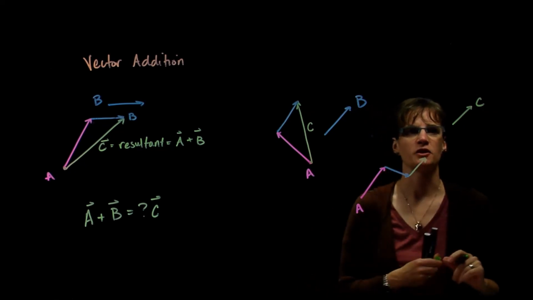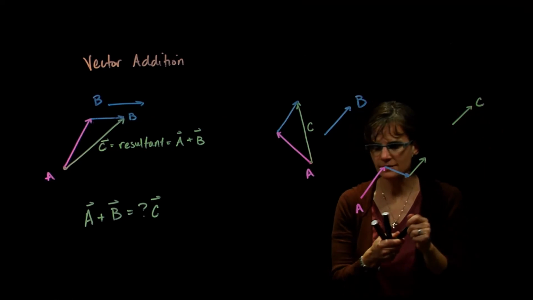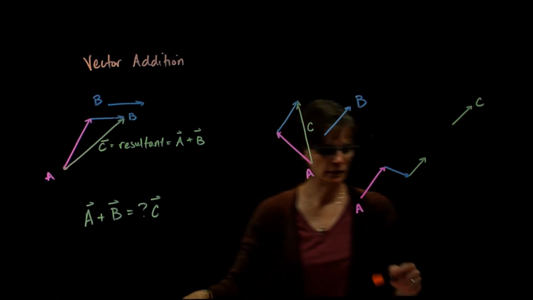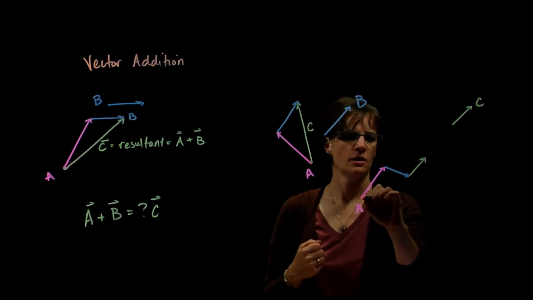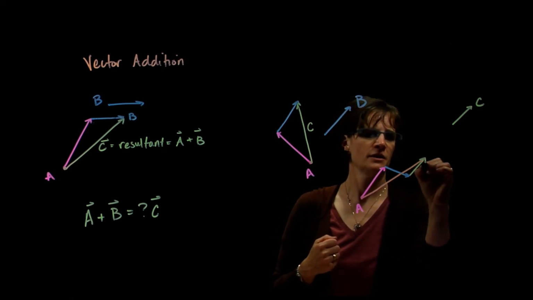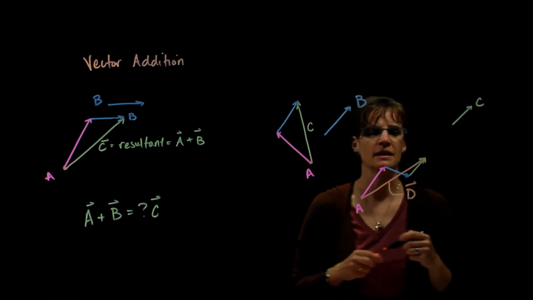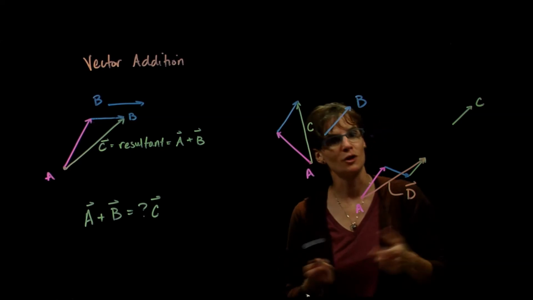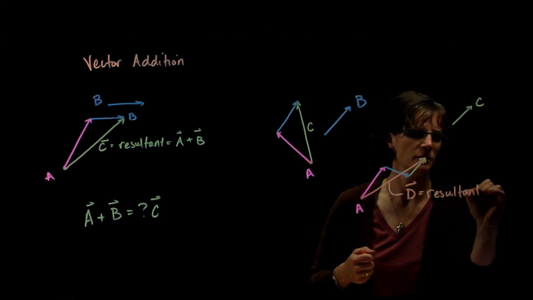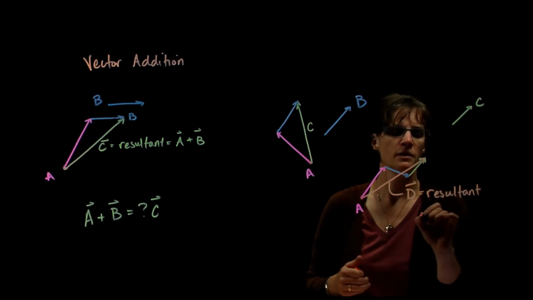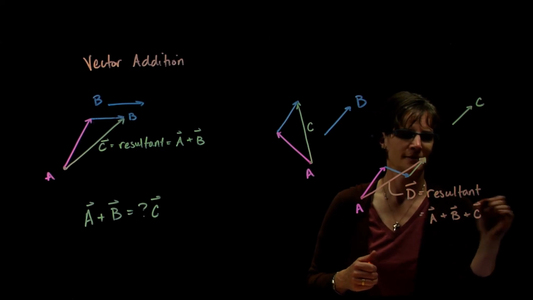So there's my vector C, parallel, identical. And then, just like I did with two, I go from the tail of vector A all the way to the head of vector C, and that becomes my resultant vector. So this resultant was the sum of vector A plus vector B plus vector C.